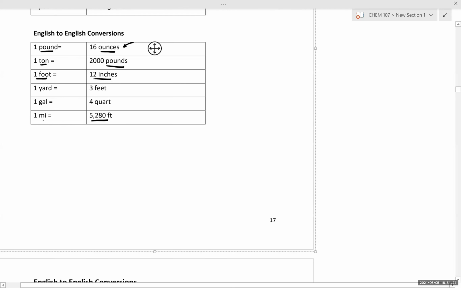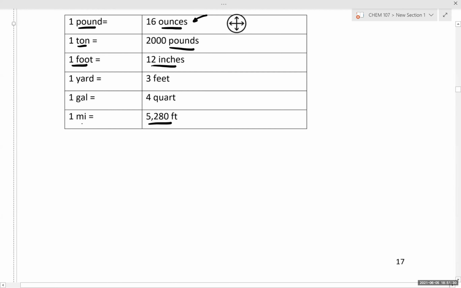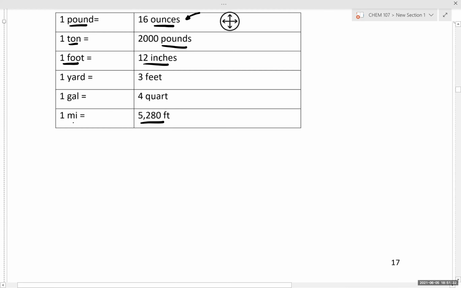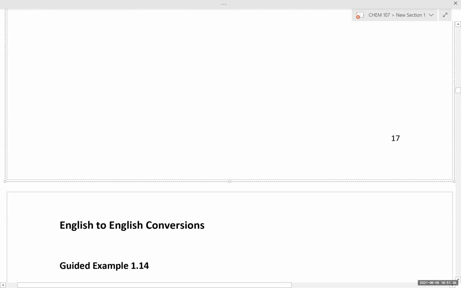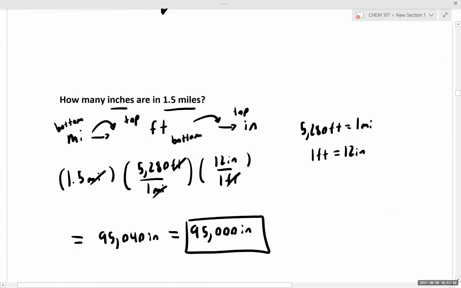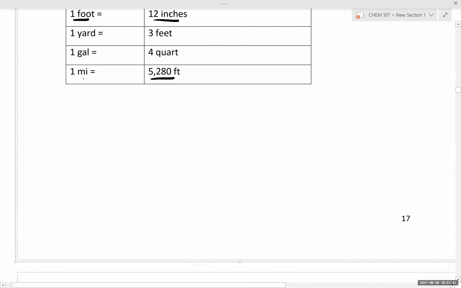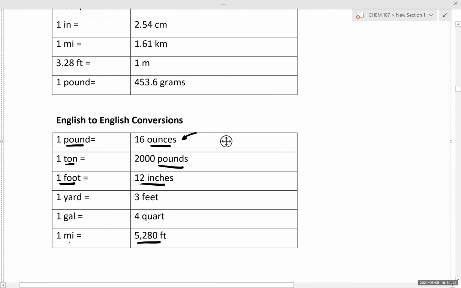So with our conversion factor identified that gets us from English to metric units, let's try to apply that conversion factor. So we're just going to write down our conversion factor.